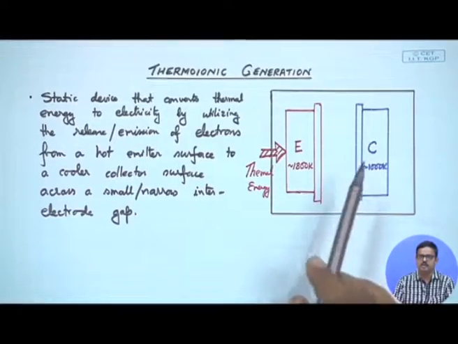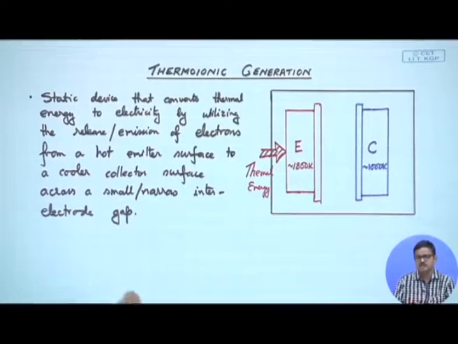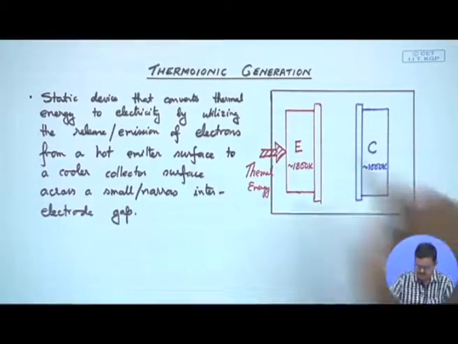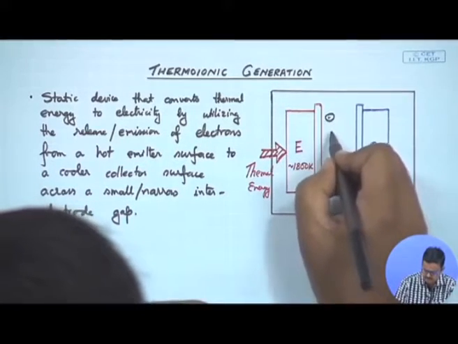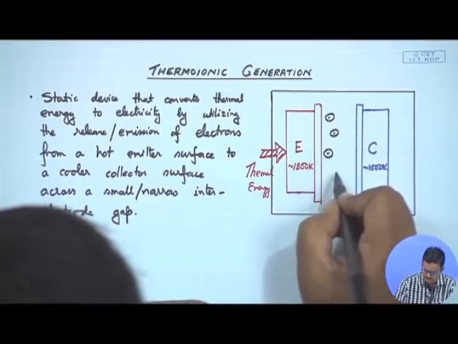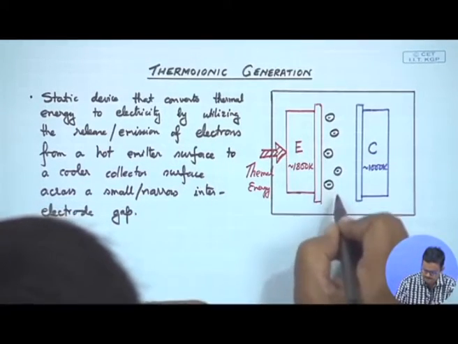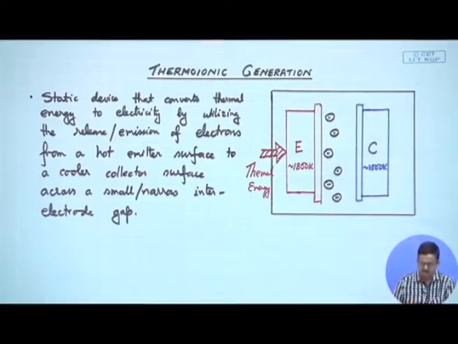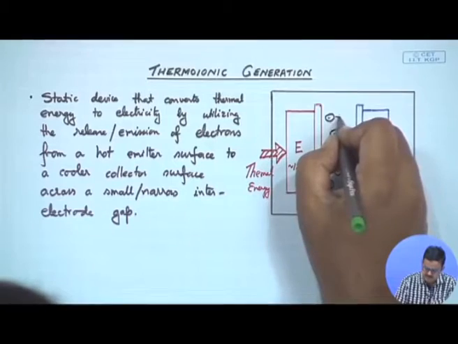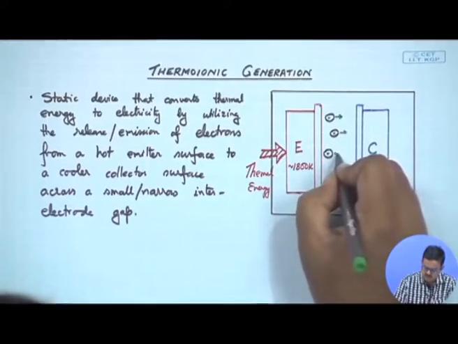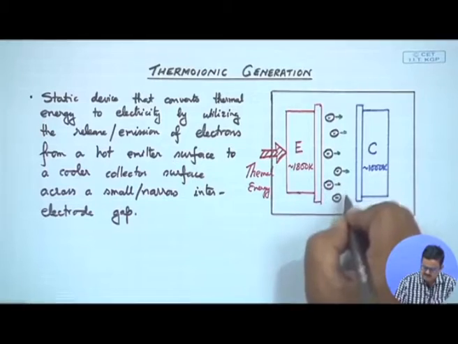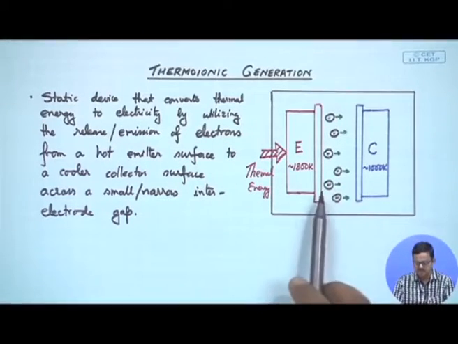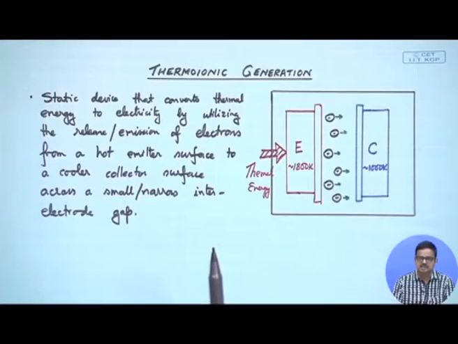So, this is from a solid surface. Let me draw a bunch of electrons here, and so on. These electrons now have a net momentum, so they break away from the surface and go towards the colder collector surface. So, there is a net migration of electrons from the emitter to the collector.